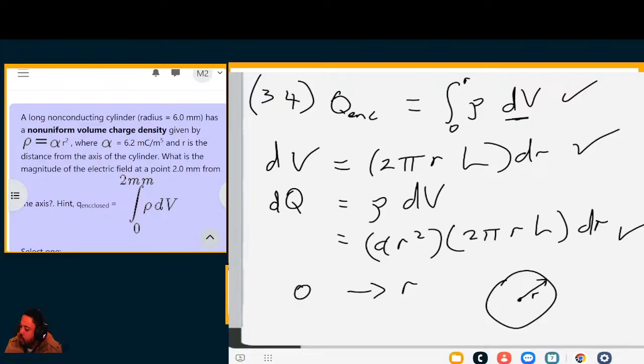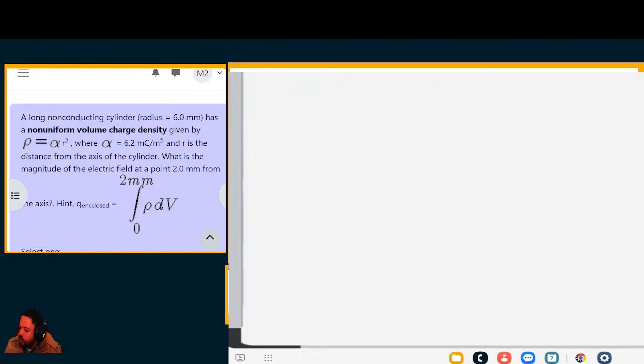Here we have determined the infinitesimal charge dq. Now how do we get from infinitesimal to just Q? If we integrate dq, we will get Q. How far do we integrate it? From 0 to some sort of r. Remember, we are not doing a specific value, we're just finding the general formula.